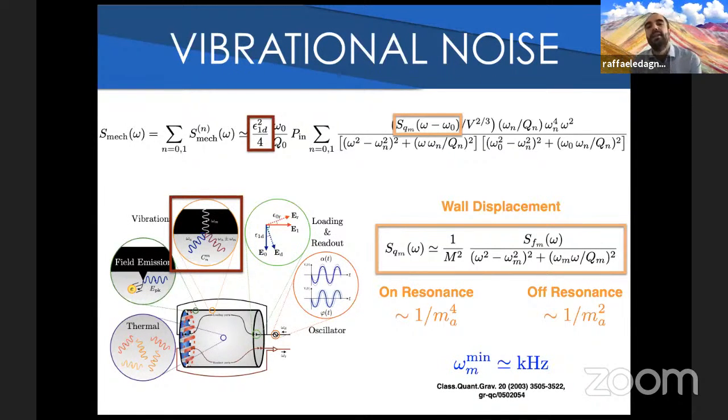And then there is how well you can attenuate vibrations, which is parameterized by this S of Q, which is essentially the power spectral density of wall displacements. To determine this number, we used force power spectra that, again, this Italian collaboration measured down to a kilohertz.